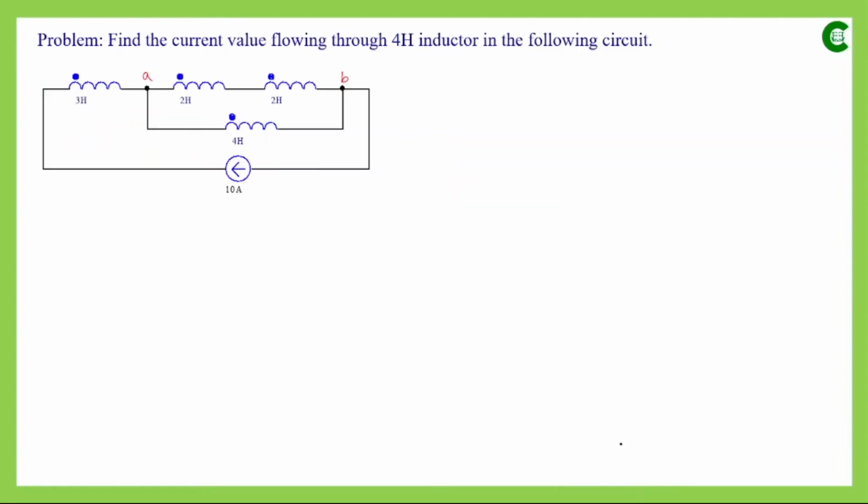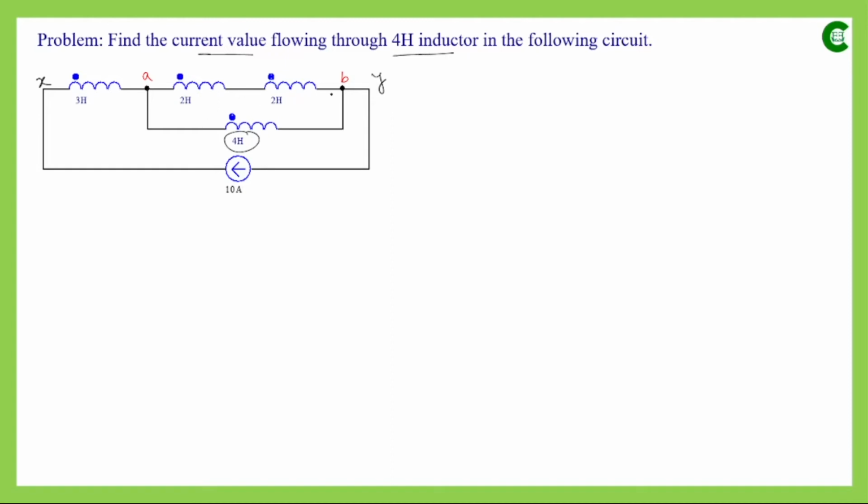Now next we will see another electrical network where we have only inductors, and this time we want to find out the current value through the 4 Henry inductor, that means through this inductor. Here we can see that between this point X and Y we have 4 inductors.